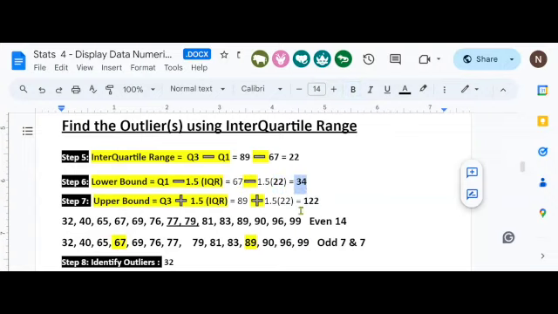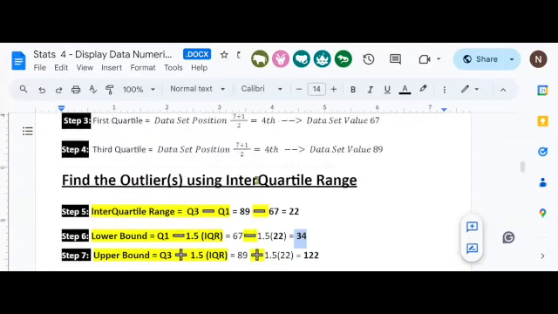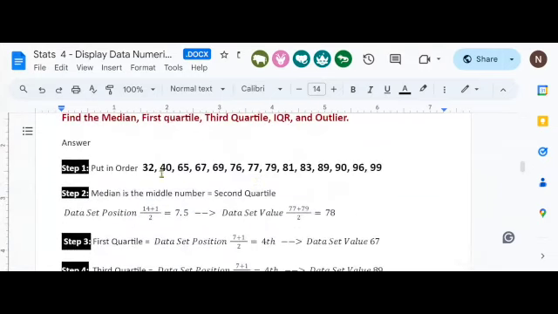And you get 34. So your lower boundary is 34. Go up here. Do we have a number that is lower than 34? 32. That's the outlier. You got that? So we answered your question, correct?